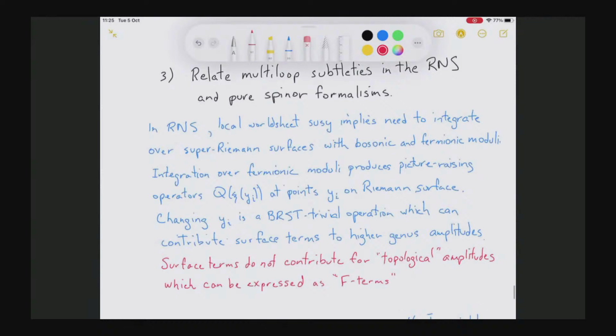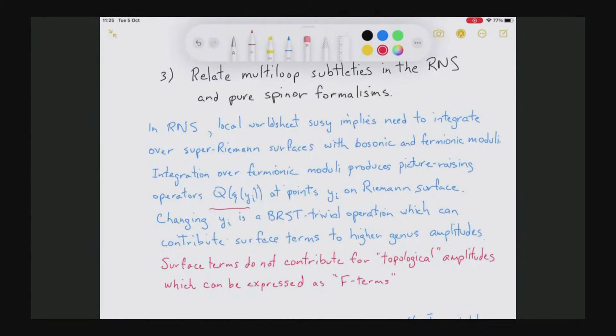In the RNS formalism, we know that local worldsheet supersymmetry means that you have to actually integrate over super-Riemann surfaces, which involve both bosonic and fermionic moduli. And we know the integration over the fermionic moduli can be reproduced by introducing these picture raising operators, which are essentially the same operators we already discussed.